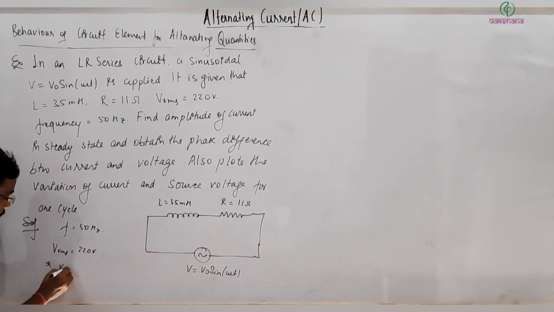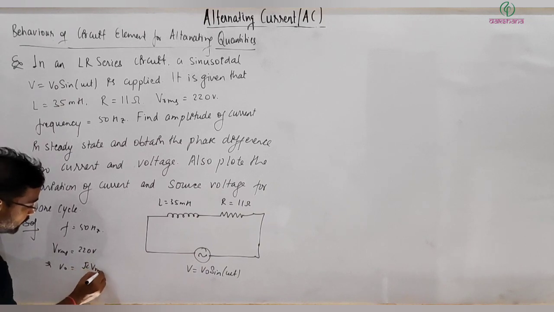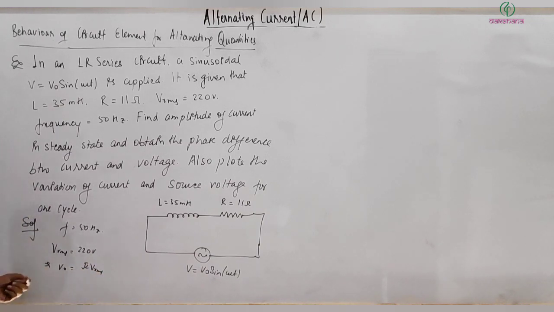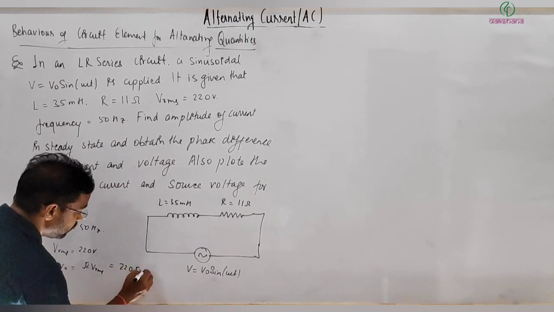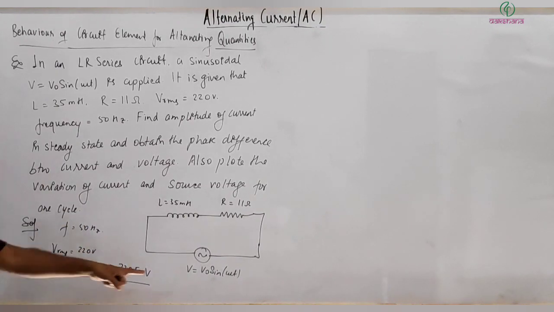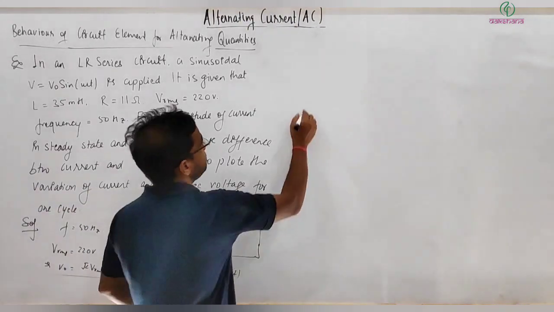This implies V naught is equal to root 2 times VRMS, which is 220 multiplied by root 2 volt. This is the V naught peak value. Find the amplitude of current in steady state, and obtain the phase difference.